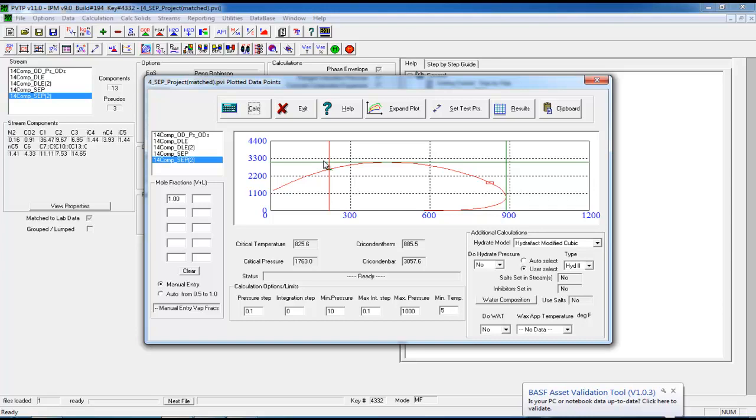And now you have one step in this position. We normally go like this. We match saturation pressure, CCE, DLE, separator, then we lump while keeping all of this matched.